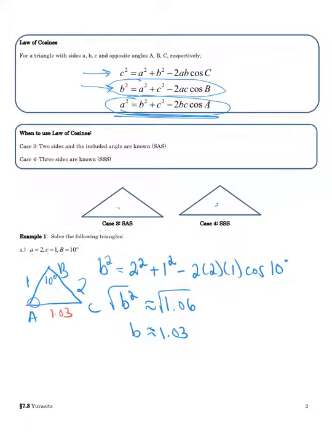So I have A squared, 2 squared, equals B squared, which is, now on my paper I have 1.03, but what I'm really going to do is on my calculator use the entire answer, and we'll go over that in class too.